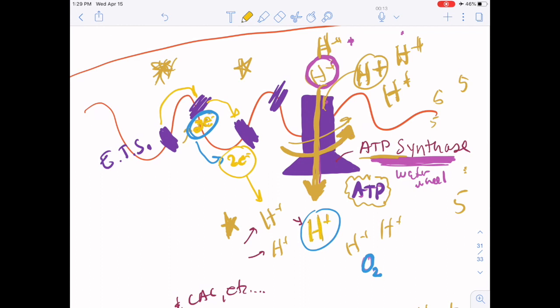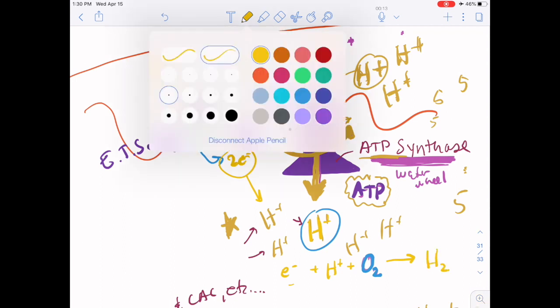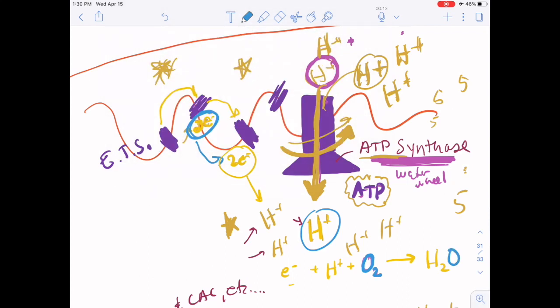So, when you get electrons plus protons, that makes a hydrogen atom, right? You bind that hydrogen atom to oxygen, and what do you get when you get oxygen plus hydrogen? You get H2O. Okay, and to balance that, let's see, we need 4 of these electrons, 4 protons.